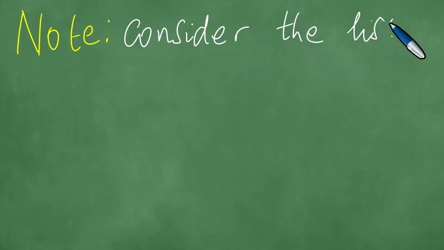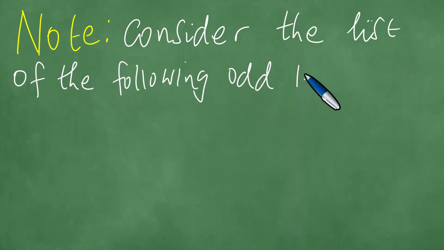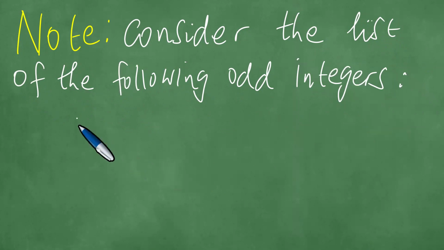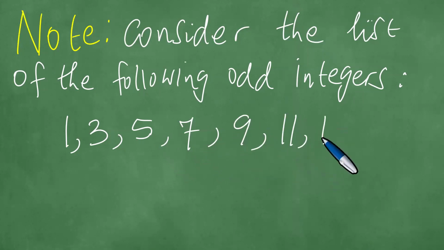We can list these odd integers, and by listing them, we have, for example, the odd integer 1, the odd integer 3, the odd integer 5, the odd integer 7, the odd integer 9, the odd integer 11, the odd integer 13, and so on.